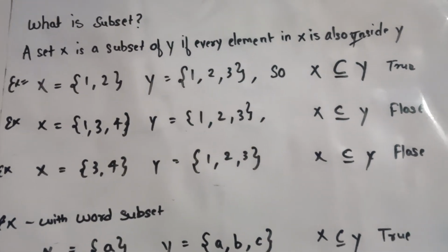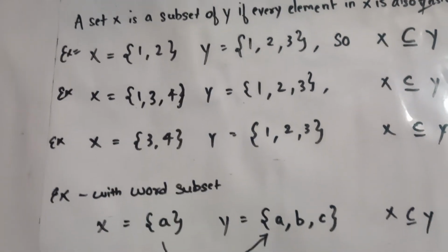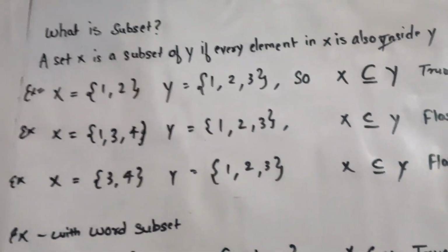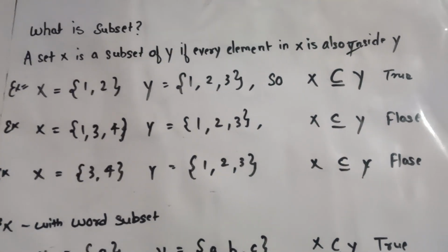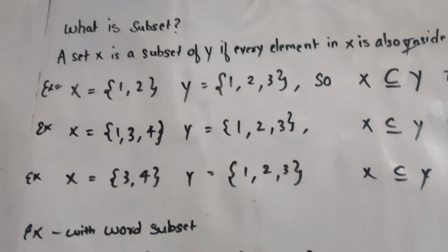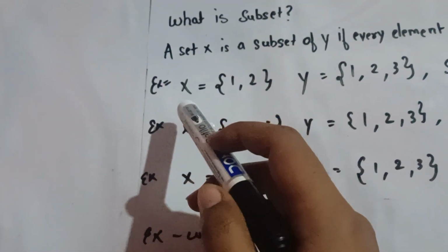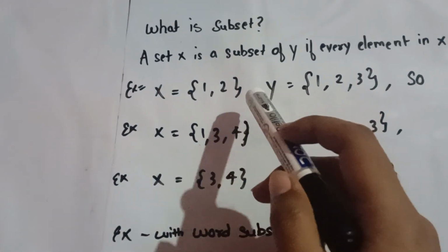So what is a subset? A set X is a subset of Y if every element in X is also inside Y. What I mean by this is our X is a subset of Y. How?